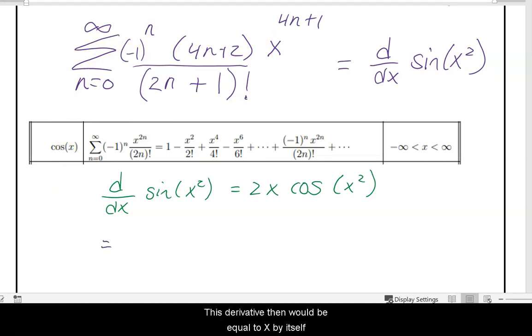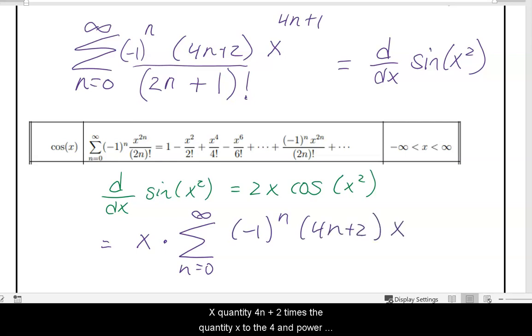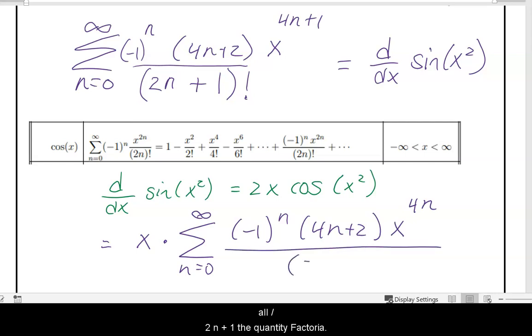This derivative then would be equal to x by itself times the sum, n equals 0 to infinity, negative 1 to the n, times quantity 4n plus 2, times the quantity x to the 4n power, all divided by 2n plus 1, the quantity factorial.